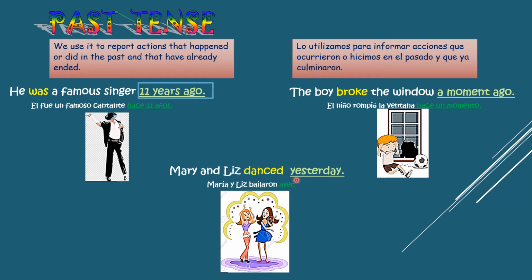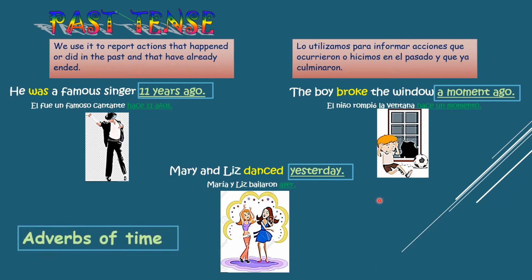Notice the rectangles. In the first rectangle we have 11 years ago. Second rectangle, a moment ago. And yesterday. These words in the last unit we know as the past expressions. It's the same as adverbs of time.